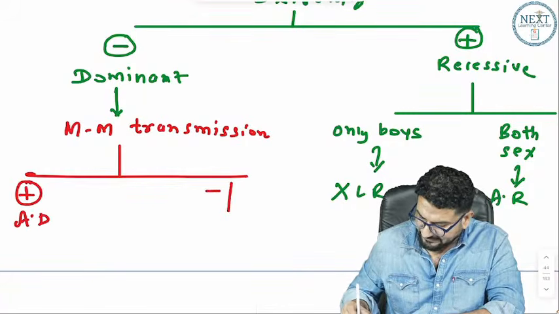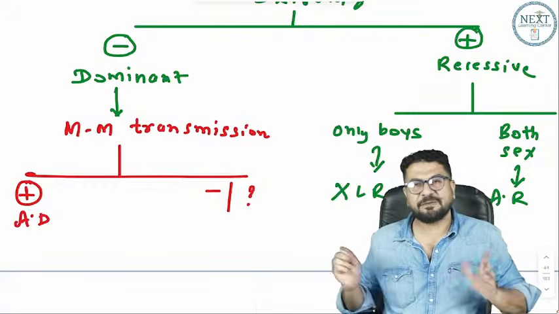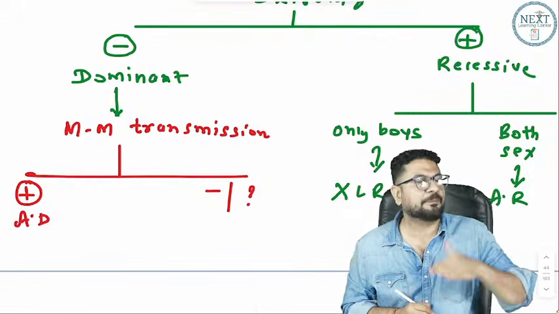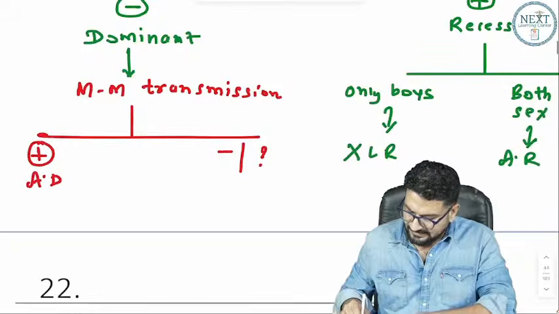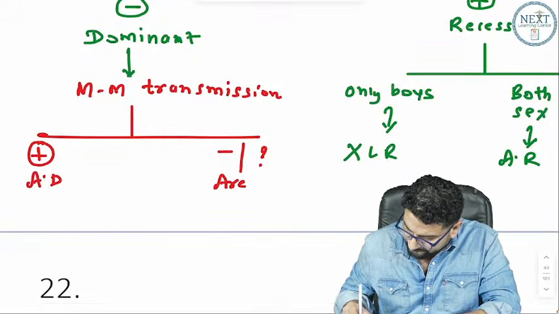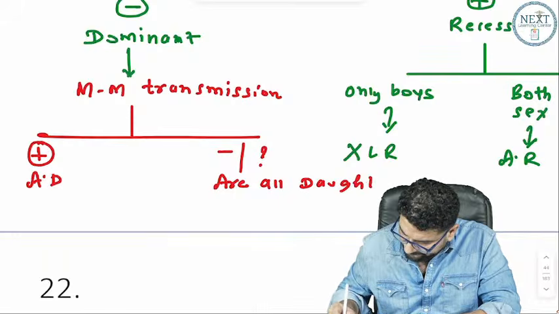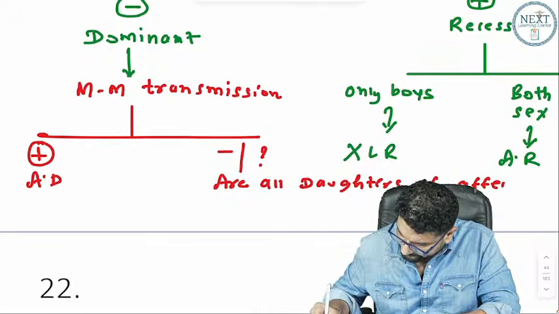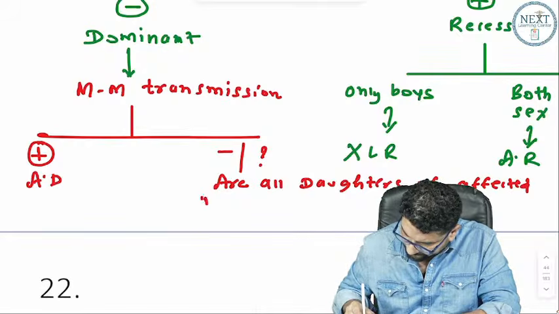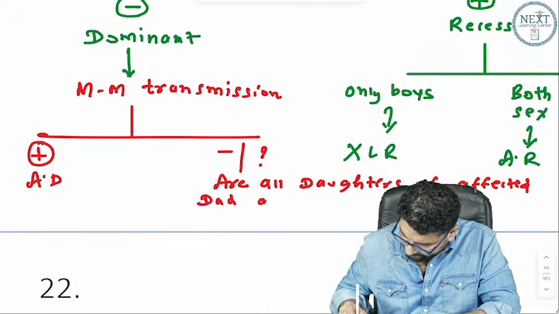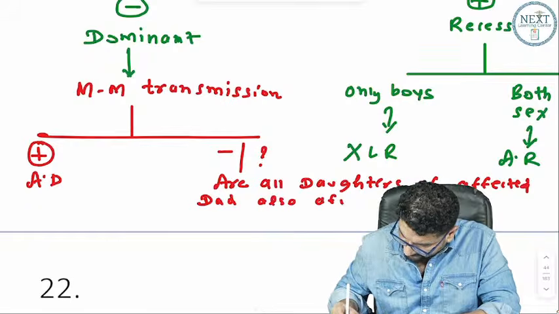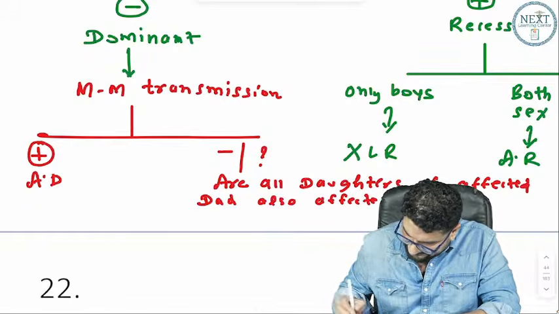If it's absent, or we cannot identify male to male transmission, like suppose a father is having only female children, in that case what we see is: are all daughters of the affected dad also affected? The answer will be a yes or a no.